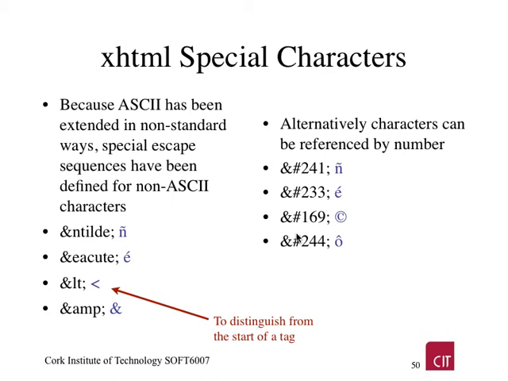So to do an n with a squiggle over the top there, the ñ, you have to say ampersand NTILDE semicolon. And then the browser will interpret that as this other character, and it'll just display then the n with the squiggle. Or an E acute, you say ampersand E acute semicolon to do an E fada, as we call it in Ireland.